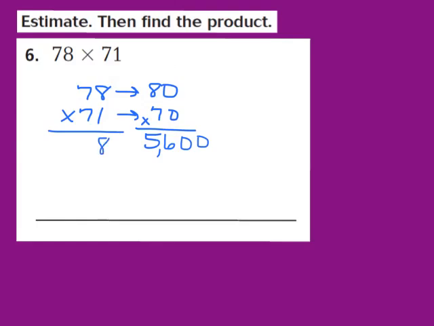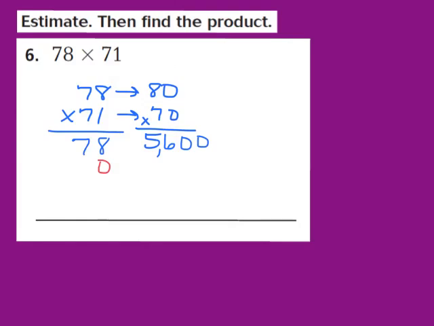And I don't have anything to regroup. Now my next step is, I think about 1 times the 7. Well, I know that 1 times 7 is going to give me 7, so I'll write down my 7. Now I cannot forget our important step. I have to plug in that 0 as my placeholder. Now I can continue on with my steps in the multiplication.